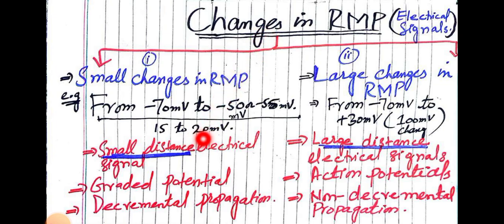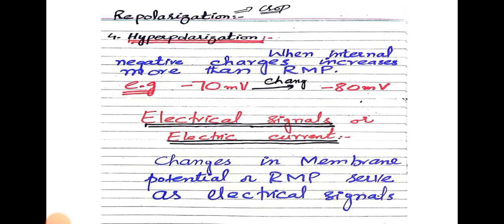If a 20 millivolt change has occurred at the origin, it will gradually start to decrease during its propagation. Therefore they are called small changes in resting membrane potential, and they serve as short-distance electrical signals. Large changes will be discussed in the topic of action potential.